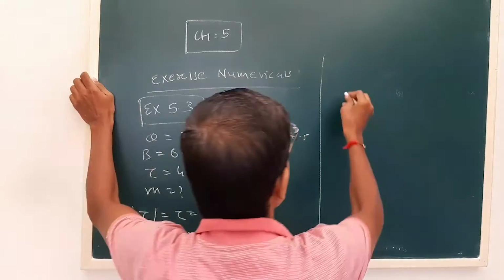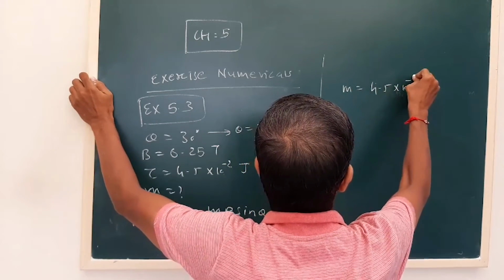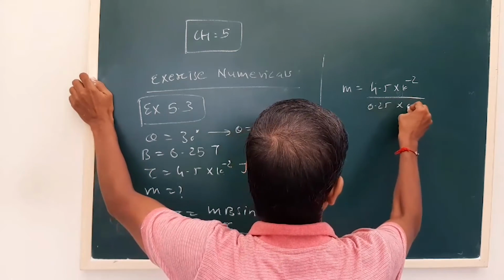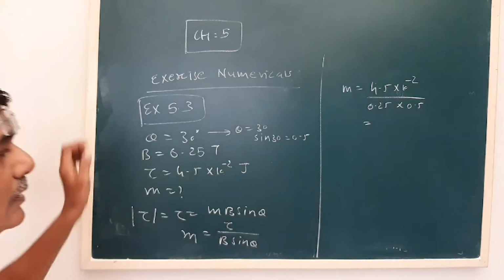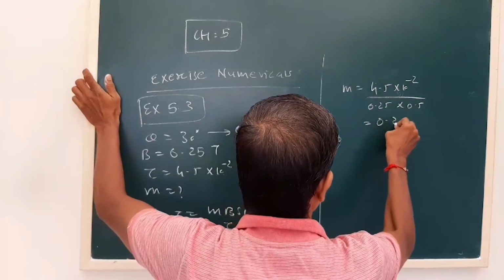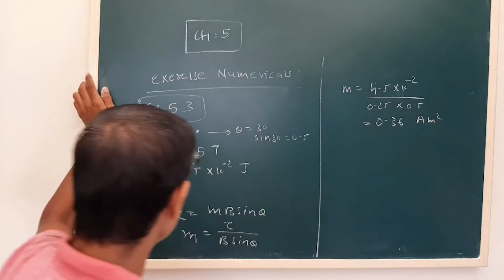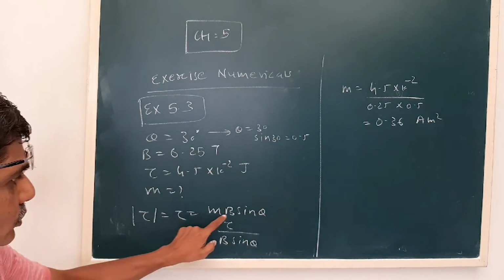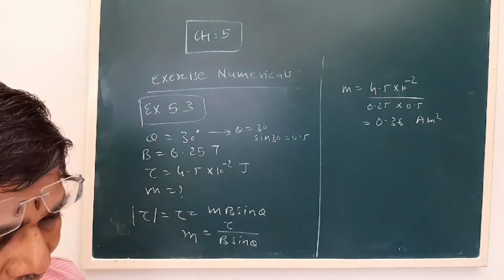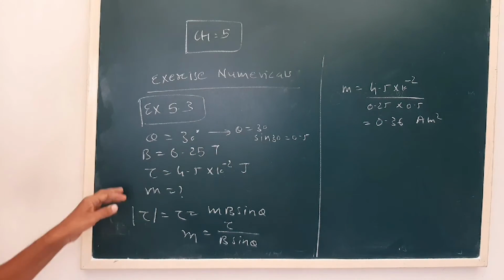Okay, so B is 0.25. Okay, now if we solve, we'll get 0.36. And what is the unit of dipole moment? That is ampere meter square. So here, see, 1, 2, 3, 4 quantities. Out of 4, 3 are given. Okay, so we can easily obtain the fourth, that is nothing but the value of the magnetic field we can obtain.